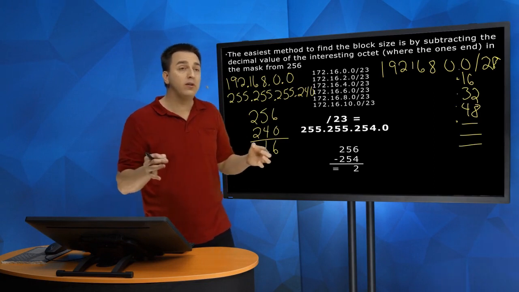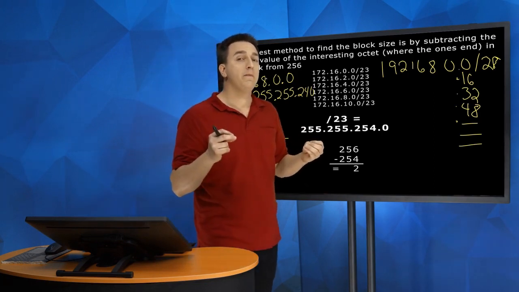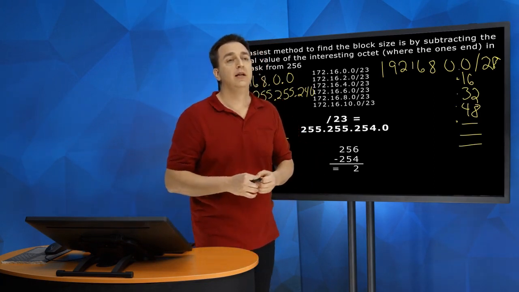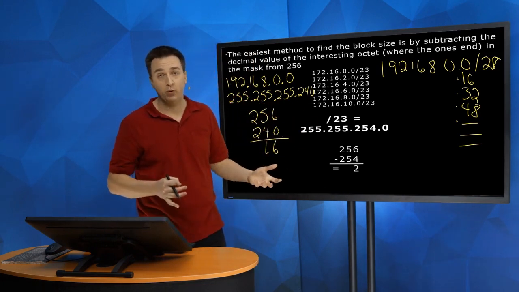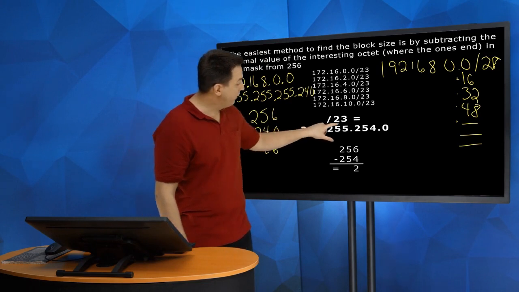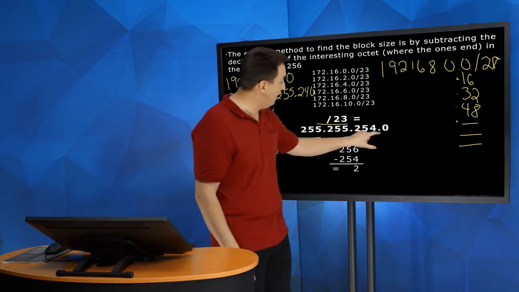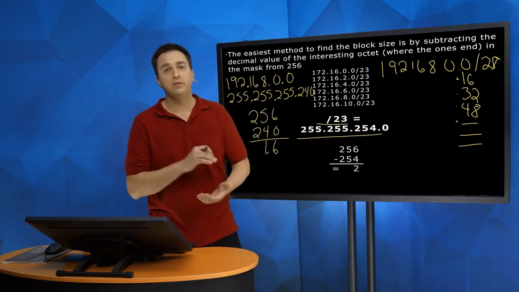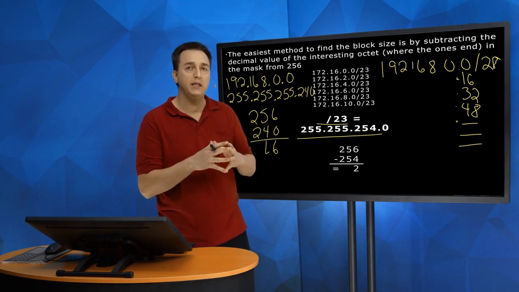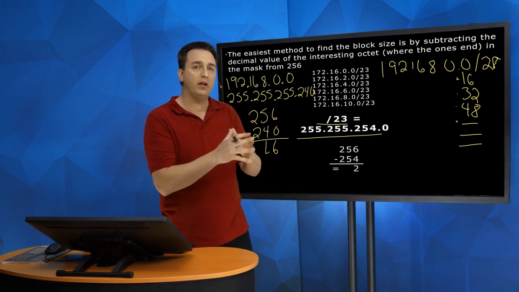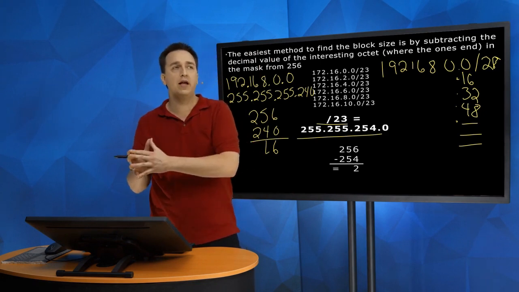But if you can learn both, then you're going to become quicker, more efficient at identifying block sizes, because you won't have to do the conversion at that point in time. You just look at it, identify it, and do the math from there. So pick one and become very proficient with one of them. And then once you're very proficient with one of these, then learn the other method.